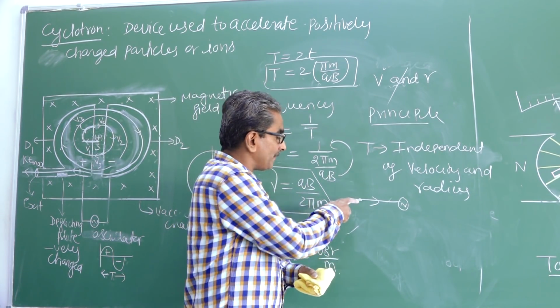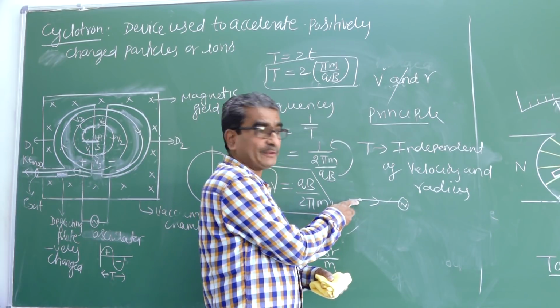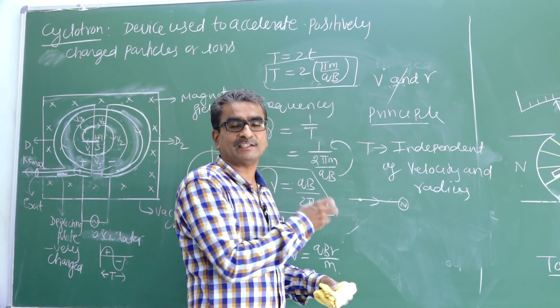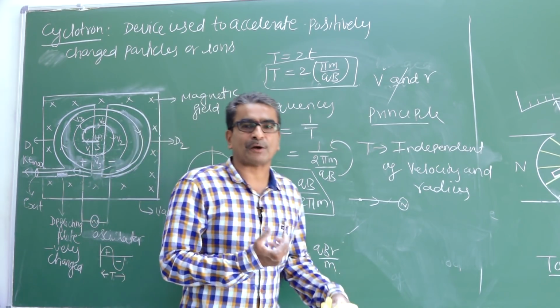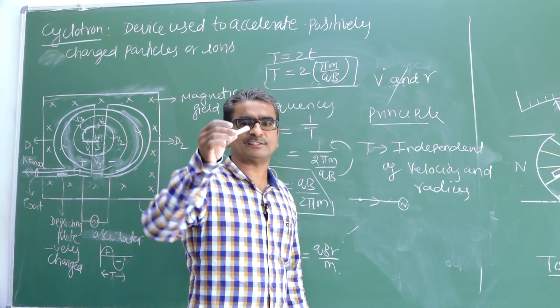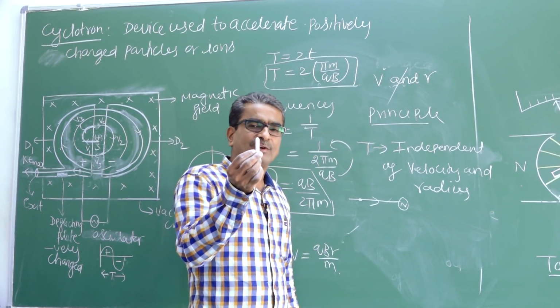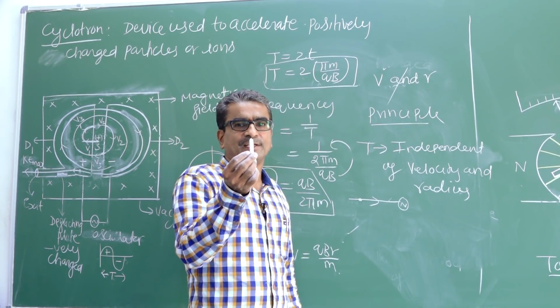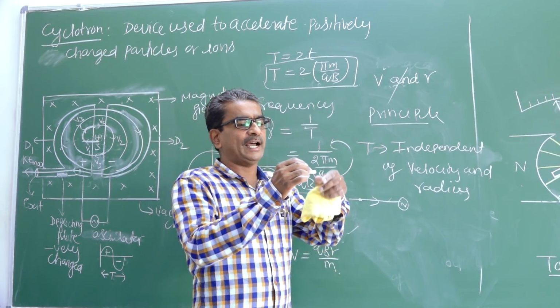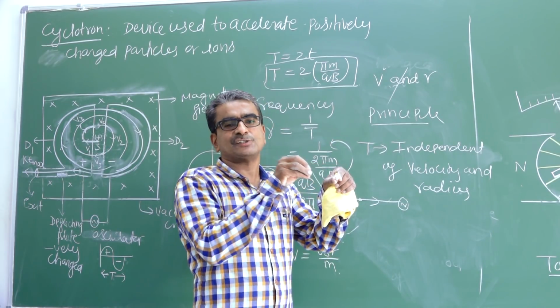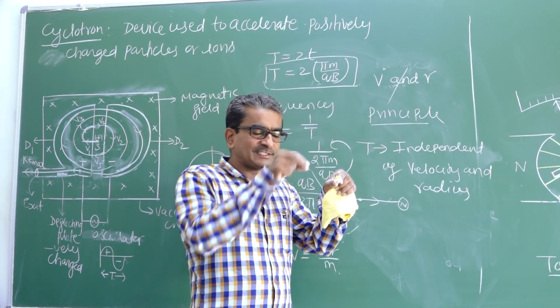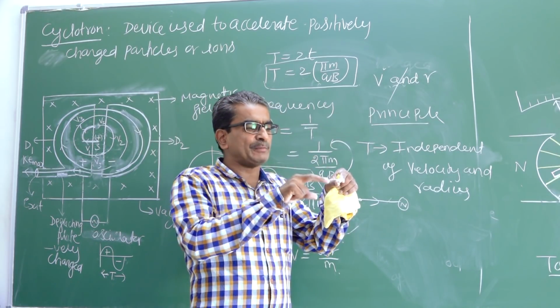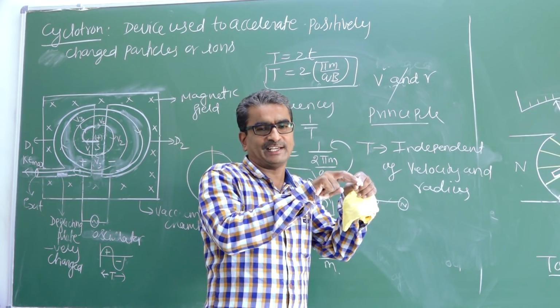And also we can implant these charged particles into different solids to change their basic properties. Suppose there is a solid, a chalk piece. If I want to change its basic property, I have to implant certain charged particles. To implant them, the charged particle should hit it with high kinetic energy.